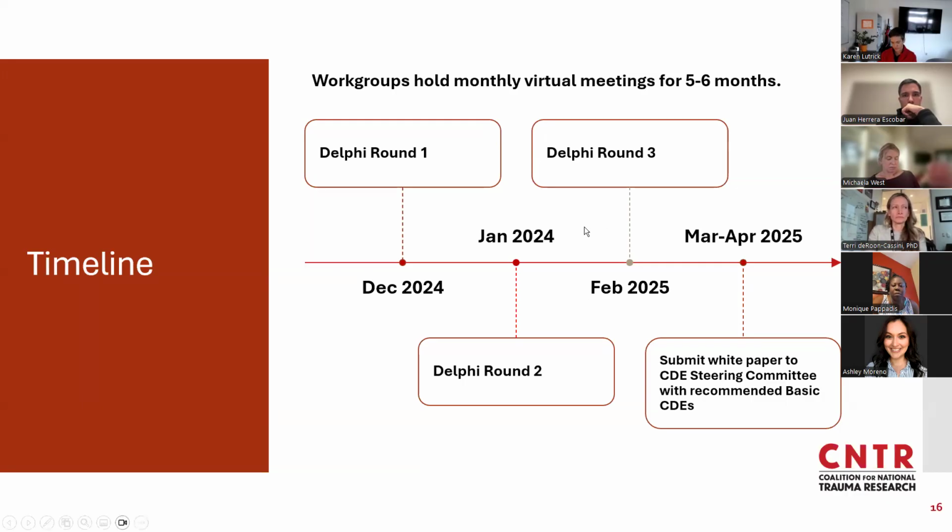And then launch round 2 sometime in January, repeat the process, and launch round 3 sometime in February. Then the idea is with these meetings, we're kind of knocking things out as we go, and then having 1 or 2 meetings after the Delphis are completed to put together our overall recommendations, and then send those to the CDE steering committee.